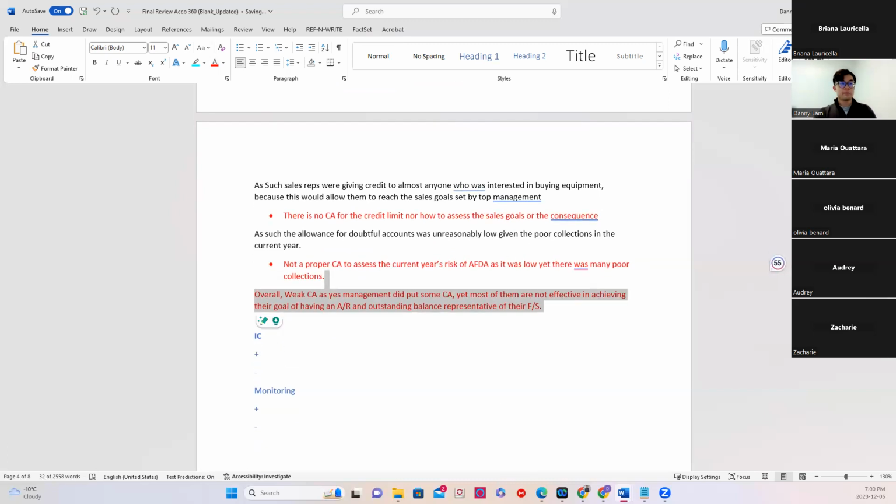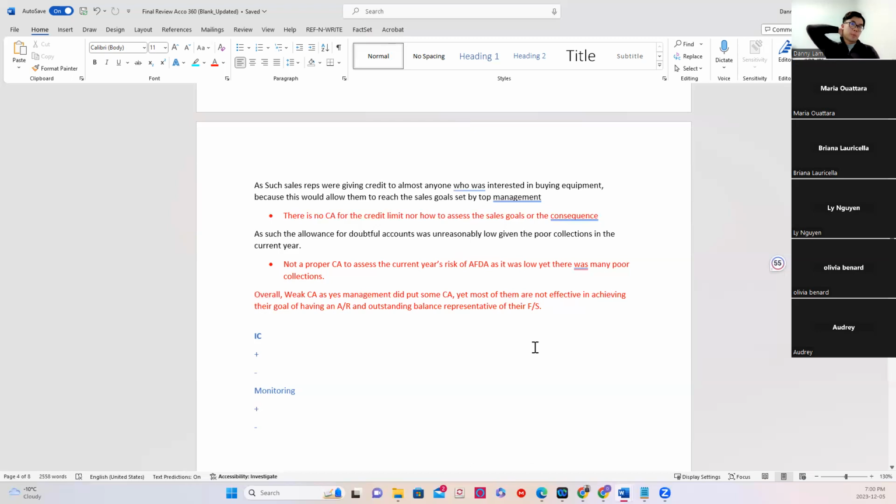Yeah, Brianna? Would it be right to say that there's not enough preventative controls? It's mostly controls that detect certain things, but they detect them after they happen. So there are not enough controls that prevent them from happening in the first place. Yeah, exactly.